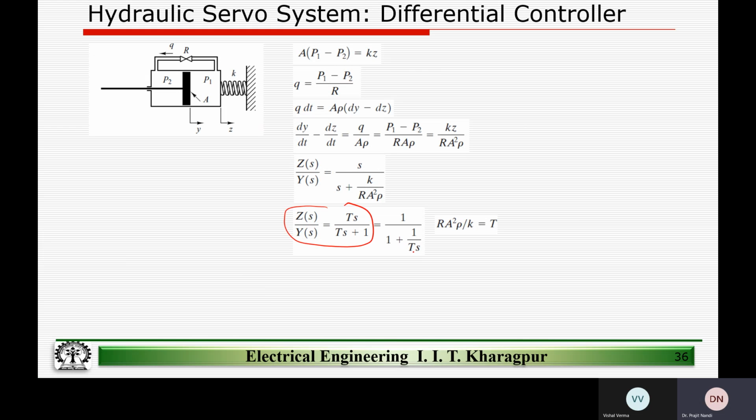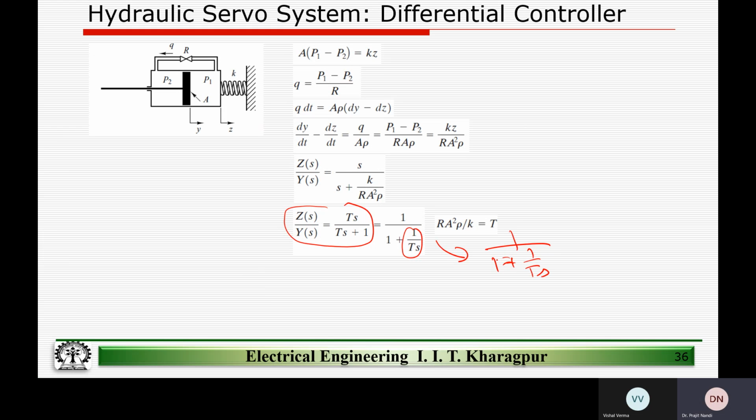And we said that if the time constant T is very small, then this guy will be large, and this will become 1 divided by 1 plus Ts.